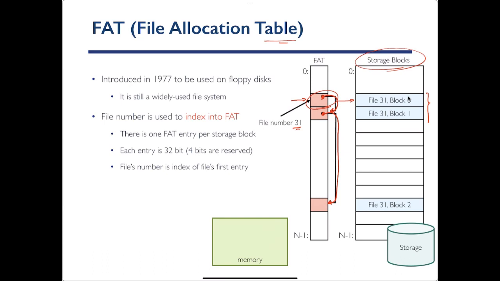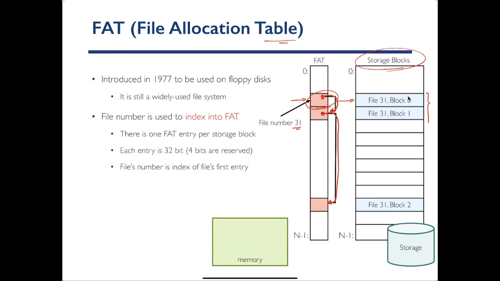So you get the first number, your file number, that gives you an entry point in the FAT table and gives you your first block for this file. And then following the blocks in your FAT table, you find the rest of the blocks.